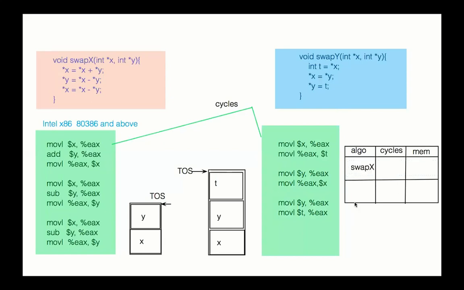So when I say the algorithm for swap X, and when I say algorithm for swap Y, what I've been trying to draw out of this is the number of cycles on swap X is like 1, 2, 3. So I'm now talking about atomic instruction.